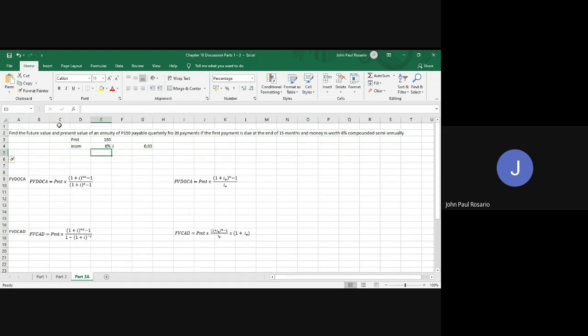And then for our n here, or the total number of payments, that's 20 payments, not percentage.